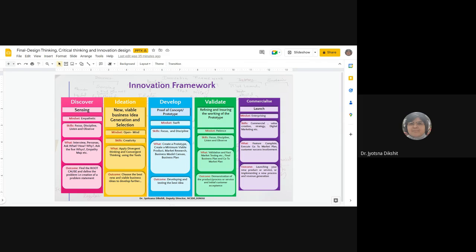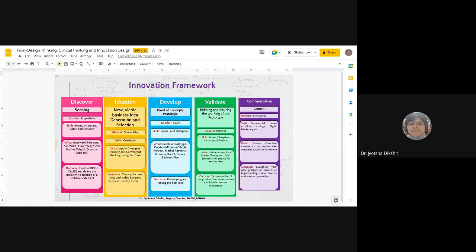Now, in this ideation stage, ideas flow from all directions, but we have to focus on the ideas which are viable, feasible, and desirable, and which are successful business ideas. The mindset is that you have to keep your mind open and let ideas flow from all directions, but you have to be creative.